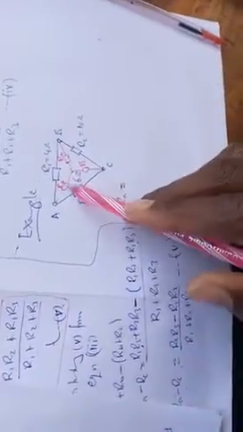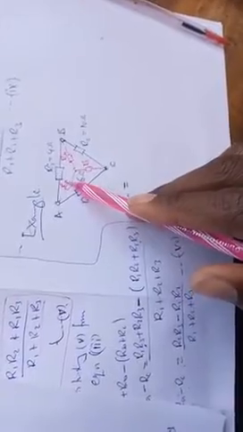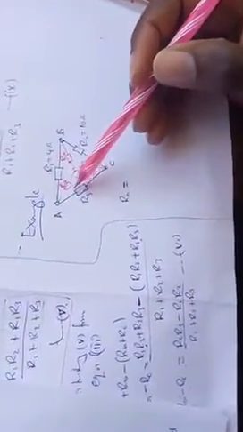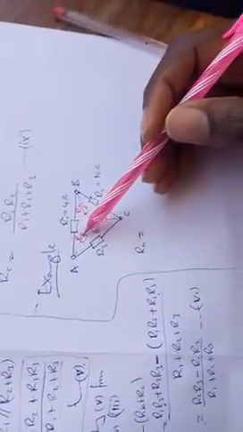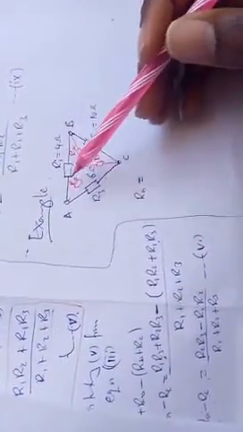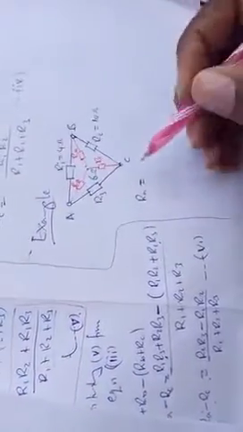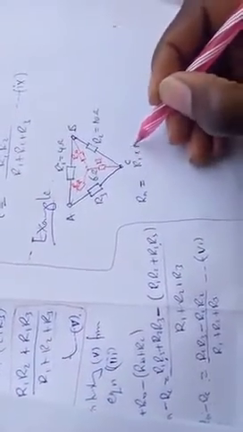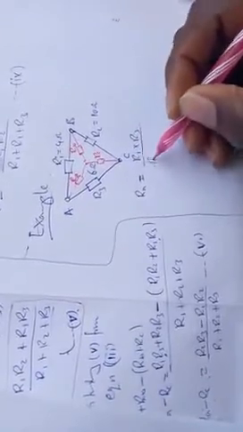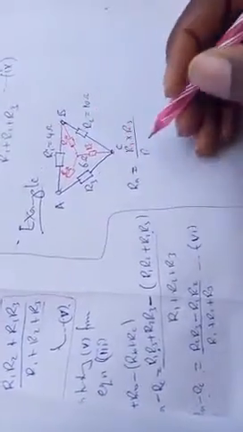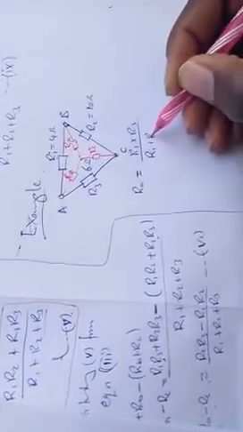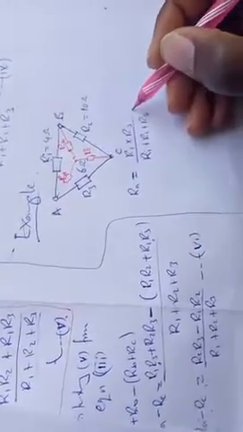When finding RA, we multiply the resistors connected to the same terminal as RA, which is A. Those are R1 and R3. So R1 by R3 over the sum R1 plus R2 plus R3.